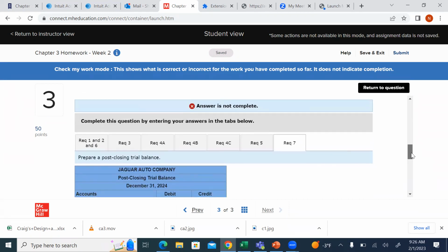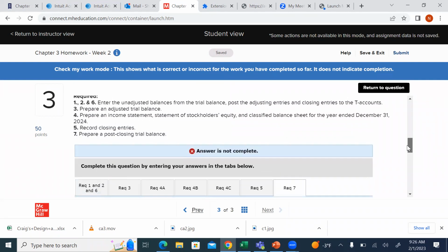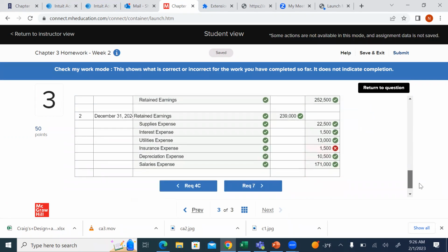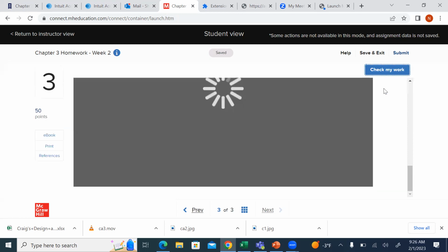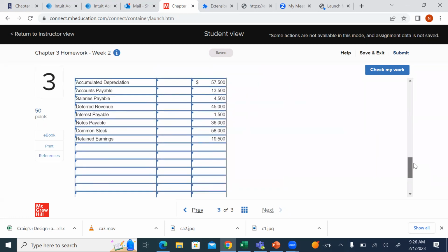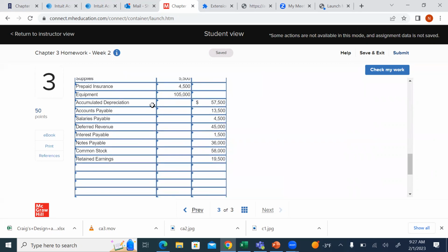That is the entire process. I think there was a journal entry you didn't do. Okay, that's why it's saying it isn't complete. Close into retained earnings. Oh, my dividends, I didn't close into retained earnings. But I thought you said my interest expense is 1,500, insurance expense is what? Okay, it's okay. So here, I got to do it. Thank you. Insurance expense.